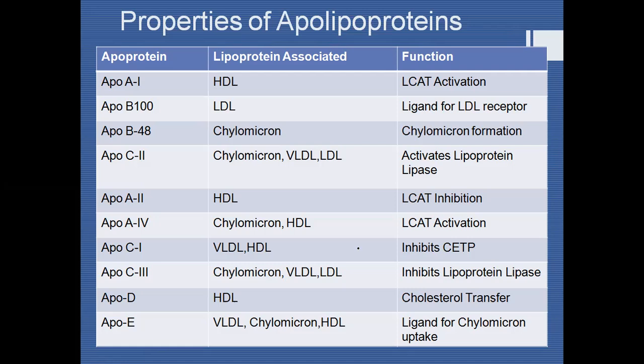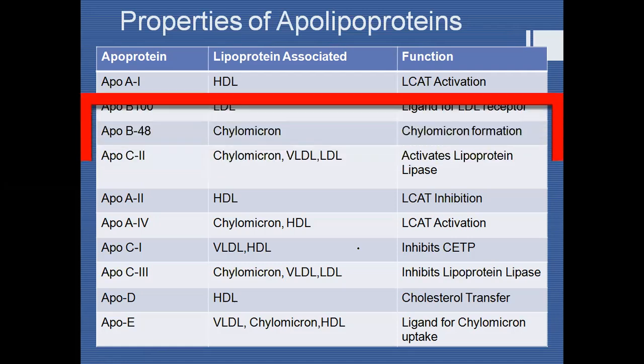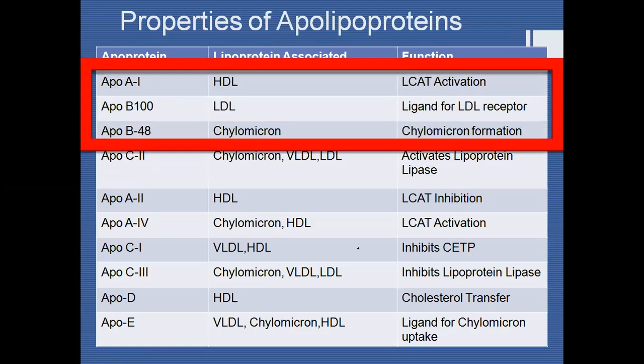Each one has its own significance, but for the UG purpose, you need to remember these three: ApoA1, ApoB100, and ApoB48. ApoA1 is associated with HDL, and it is necessary for activation of one particular enzyme, which is known as LCAT. The function of LCAT we will discuss separately in HDL metabolism.